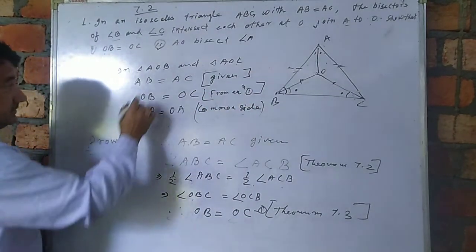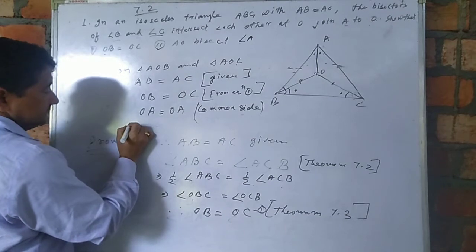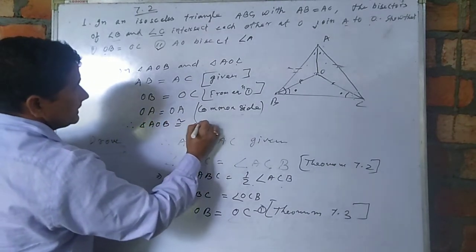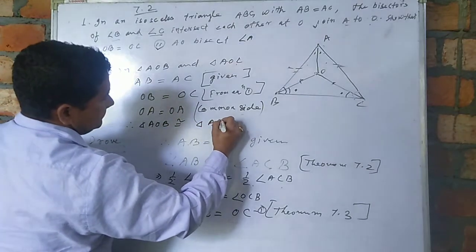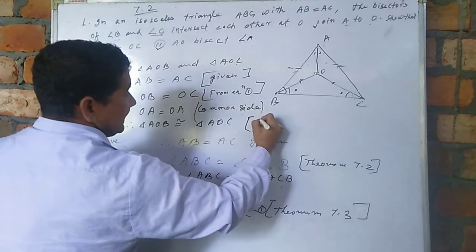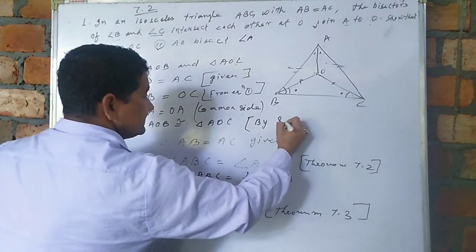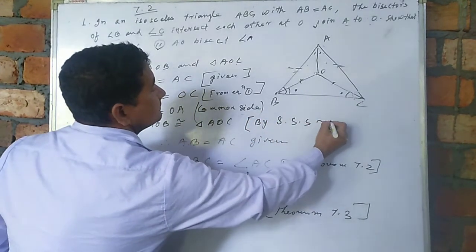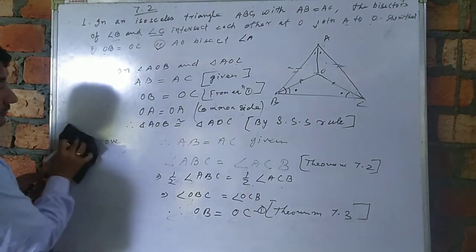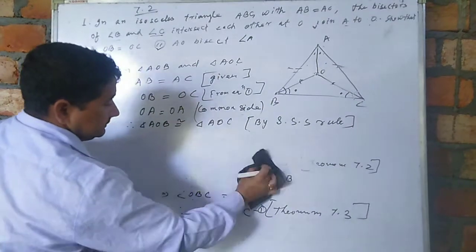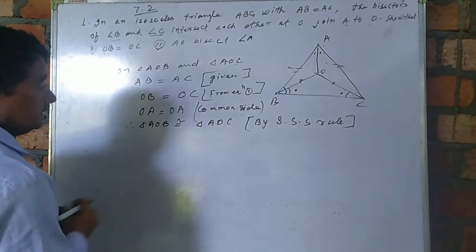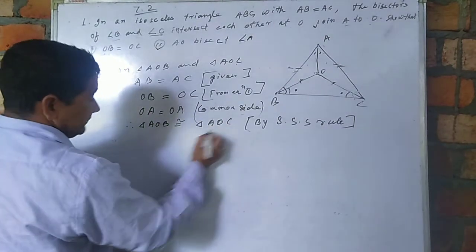Now, the two triangles are congruent, therefore triangle AOB is congruent to triangle AOC by the side-side-side rule. Three sides equal, then the triangles are congruent. If triangles are congruent, then the other parts of the triangles are also equal.